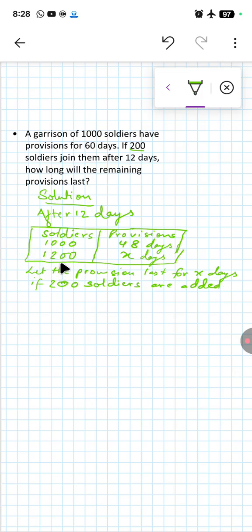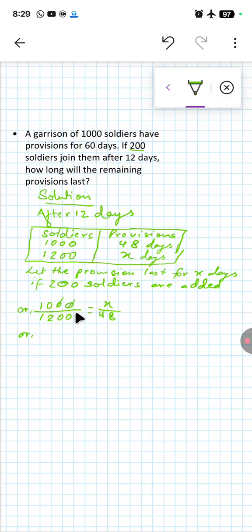Now it is inverse variation, inverse proportion or indirect proportion. That is why what we need to do is we need to change one side. So this soldier side I'll keep the same. This ratio I'm keeping the same, and another side I'm just changing. 48 by x, I'll make denominator to numerator and numerator to denominator. So this way we can do it.